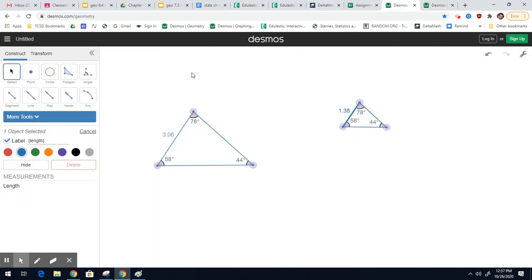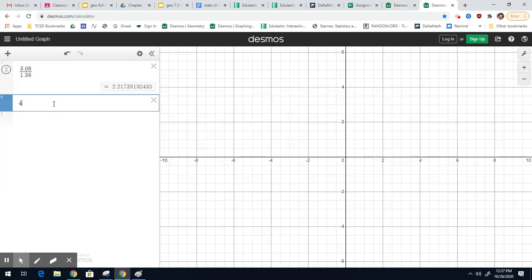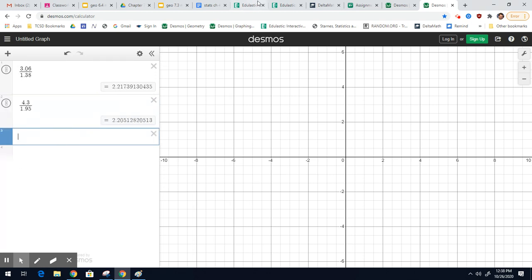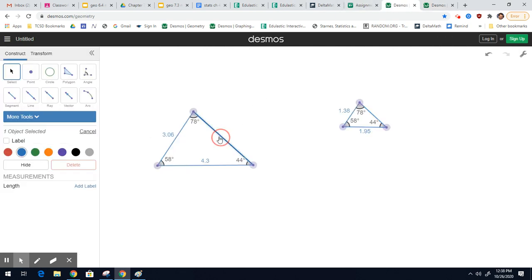So let's do another pair of corresponding sides. Let's do this bottom side, 4.3, and that side, 1.95. So let's do 4.3 divided by 1.95. And look, pretty darn close, 2.2. Let's do the third pair of sides right here. 3.71, 1.7.